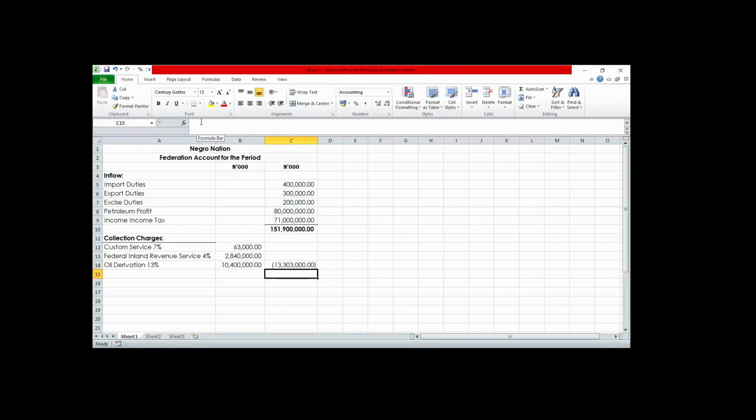That's the only related income relating to petroleum in the question. Is it clear? Okay, sir. Thank you. Then all this deduction will now be deducted from the total inflow.